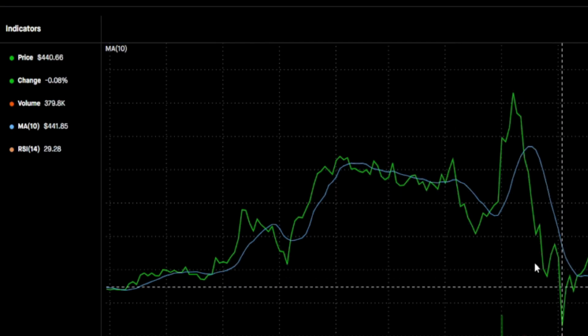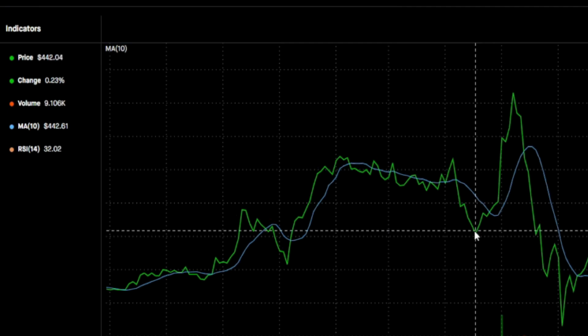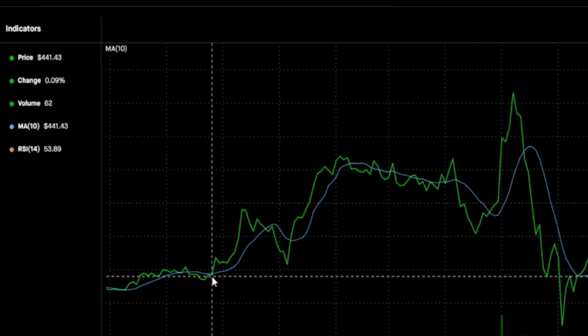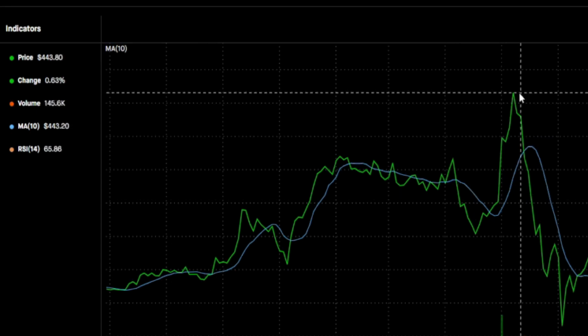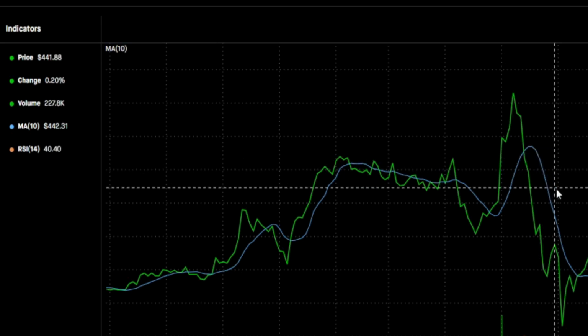Now, the number of people trading, or the volume, also really counts. We can do a correlation between the number of people entering into the trade and the price of the share. Here at its peak, the price of the share was $444.15, and we had a volume of 308k people trading this particular share, and then it started falling and the numbers started decreasing.